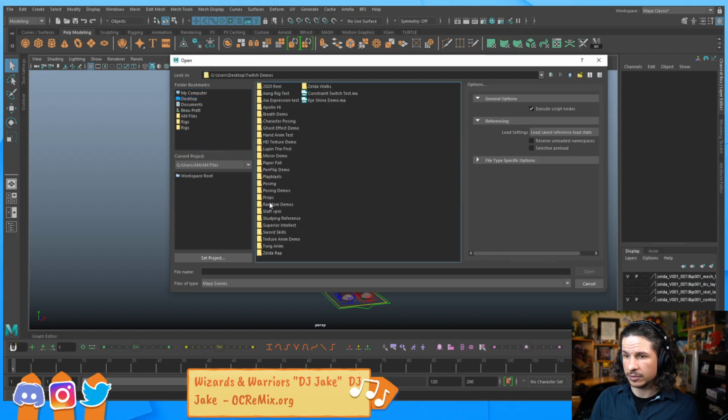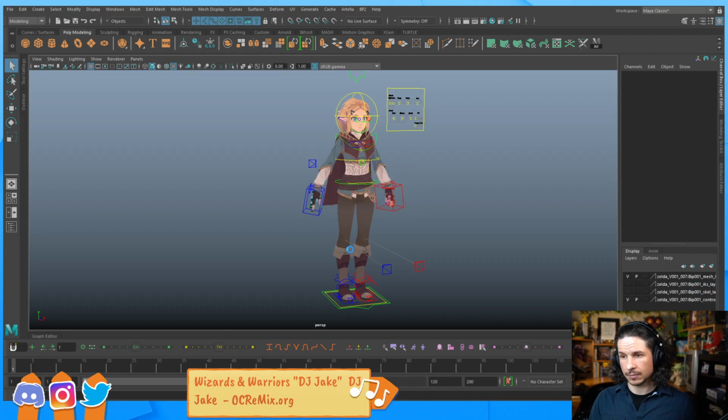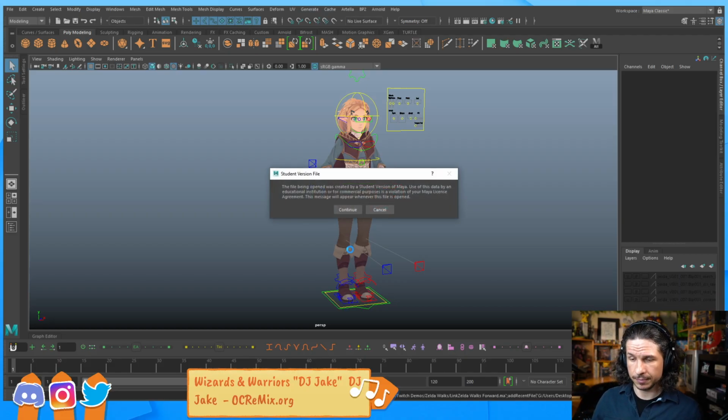So, Twitch demos, the walks, and let's do the forward walk here. So, just going to bring this in, and we can analyze a little bit of the walk and what we can apply from the bouncing ball.